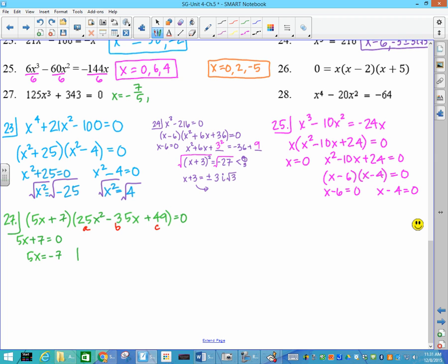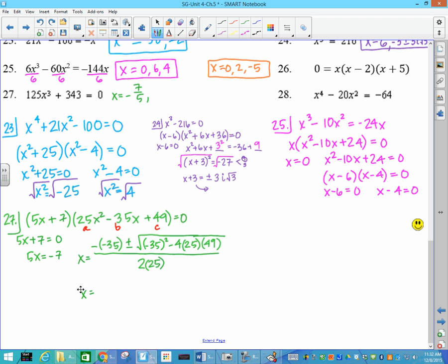So x equals negative B plus or minus the square root of B squared, got to put those parentheses around that negative number, minus 4 times A times C, all over 2A.